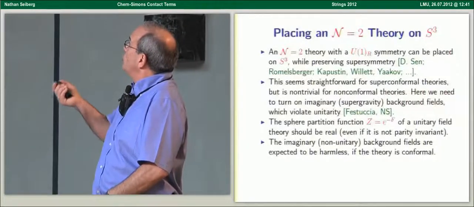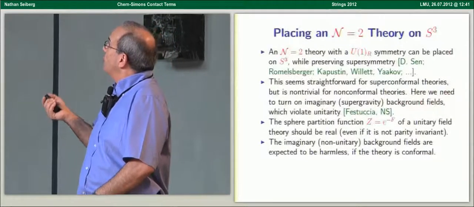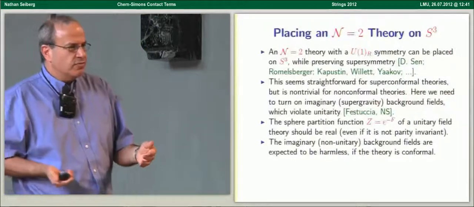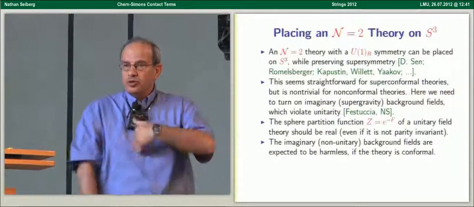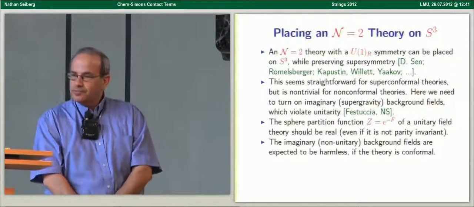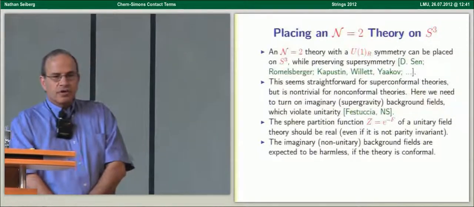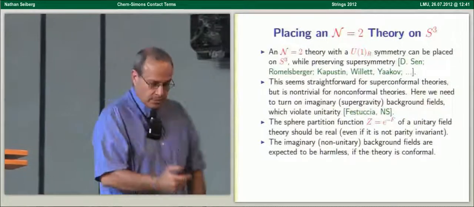So this is true in general, but then somebody could ask, what about all these imaginary parts which ruin unitarity? Well, they should be harmless if the theory is conformal, because if the theory is conformal, we don't need to add all these background fields. All we do is just perform a conformal transformation. Okay, so this is the general background. We expect the partition function of a superconformal field theory on S3 to be real.